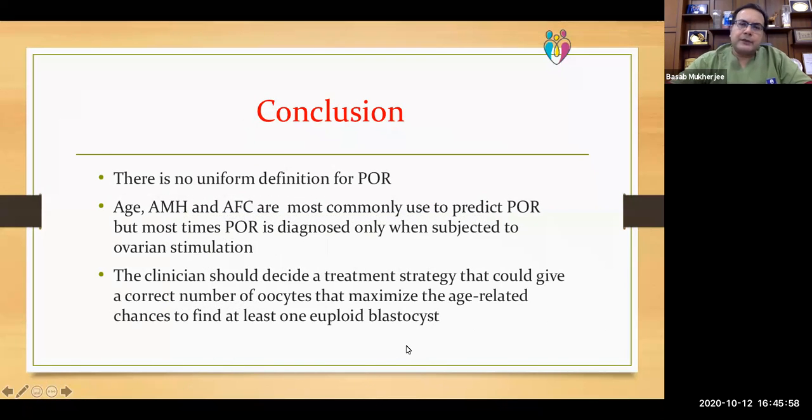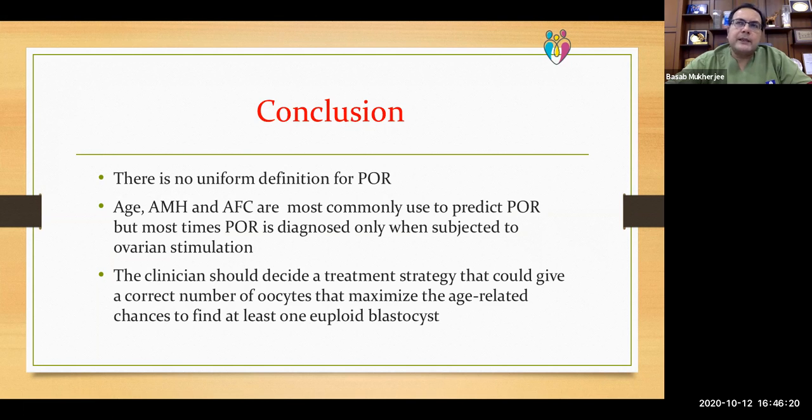So in conclusion, for this talk, viewers, there is no uniform definition for poor ovarian reserve. Age, AMH, and AFC are most commonly used to predict POR, and we use the Bologna criteria, which we discussed, but most times POR is diagnosed only when subjected to ovarian stimulation.